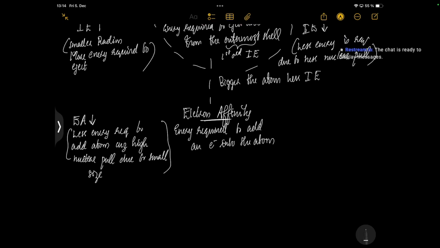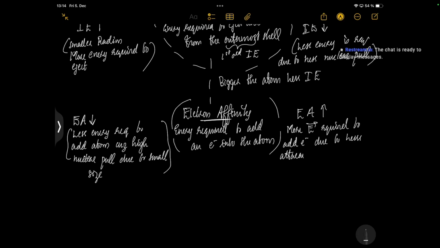But in the case of bigger atoms, electron affinity increases. More energy required to add an electron due to less interaction from the nucleus as the atomic radius is big.